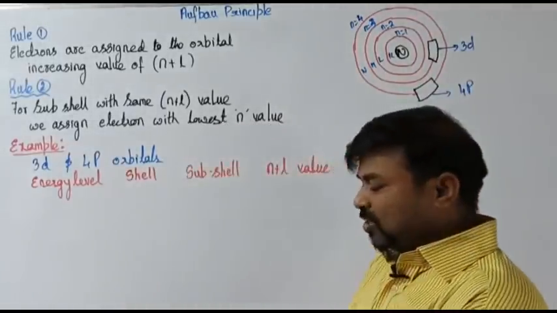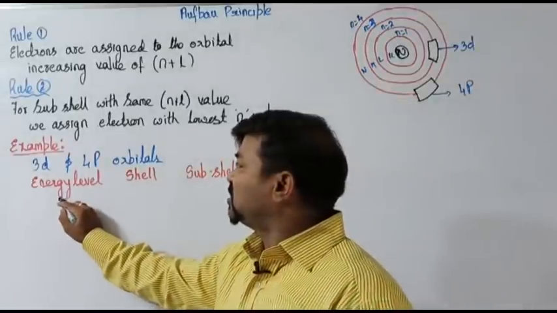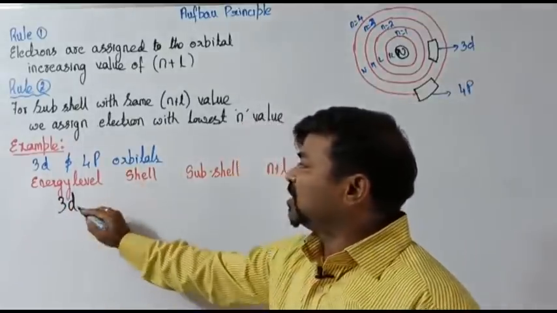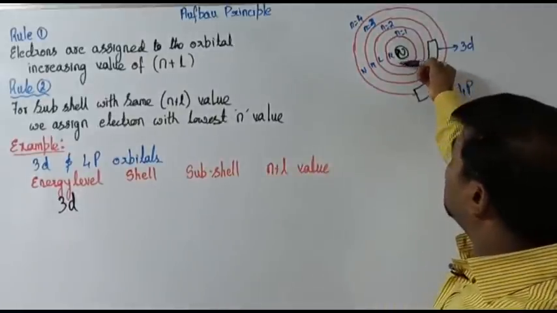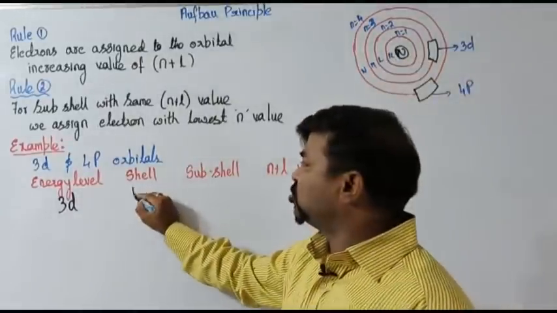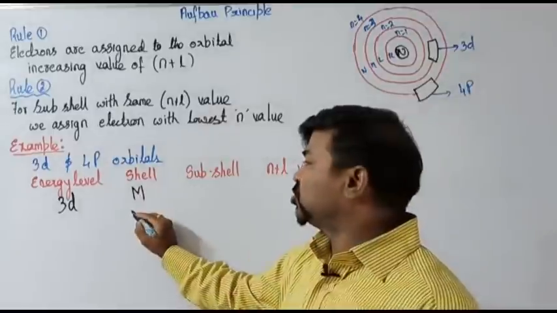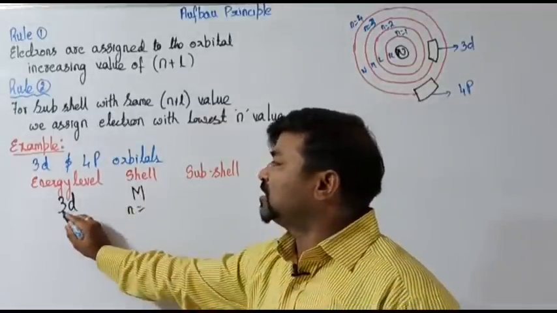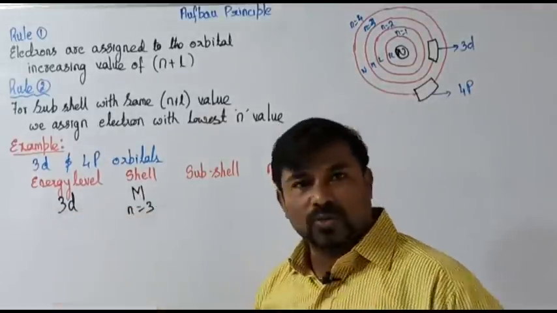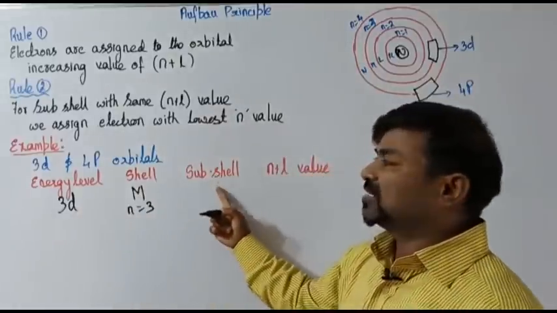The first one is 3d. The shell, as we see, is K, L, M. M is the shell, so the principal quantum number is 3. That is point 1. Now let's go for the subshell.